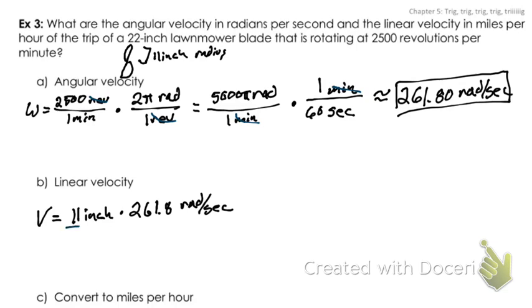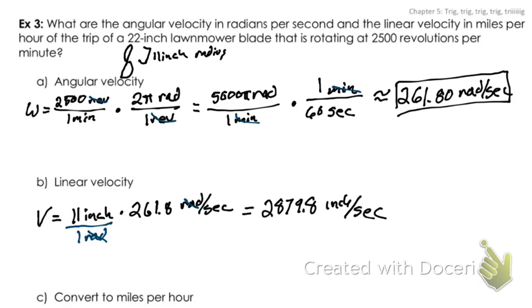Quick reminder, we are really doing 1 inch over 1 radian. So our radians will cancel out, and we'll be left with inches per second. So we're going to do 11 times 261.8, which is going to be 2879.8 inches per second. Cool.